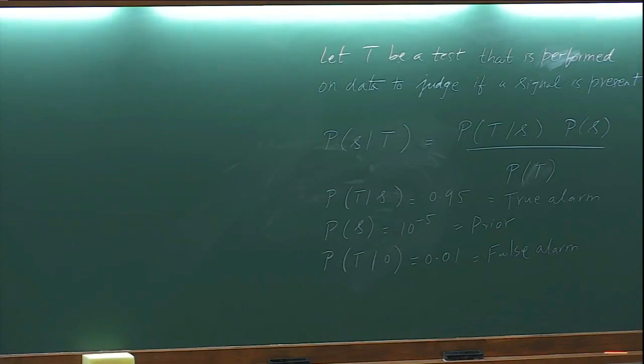Simply saying, I don't know what P of S is, I'm going to choose it to be flat across the parameter space, might depend on some parameters, lambda, alpha. If you change the parameterization, what was uniform once is not uniform anymore.